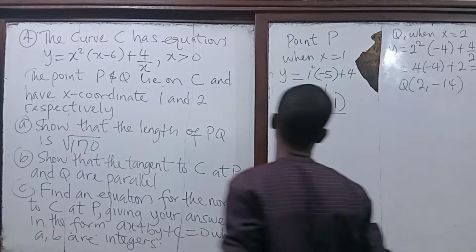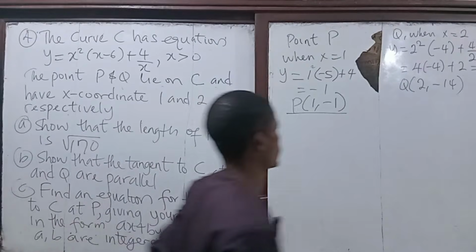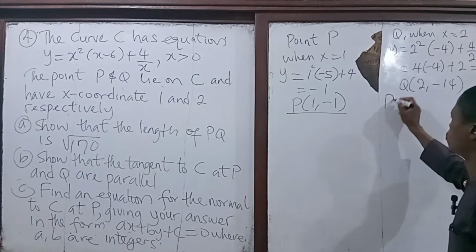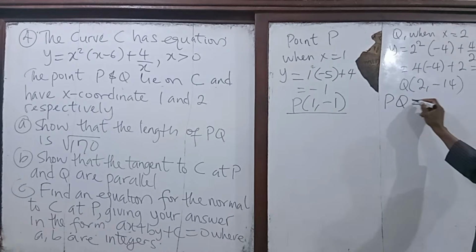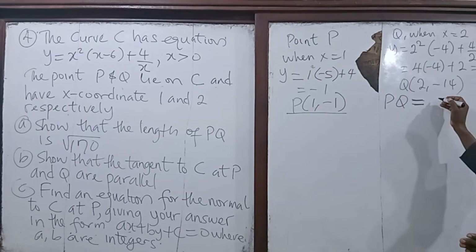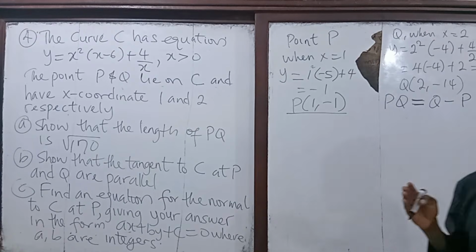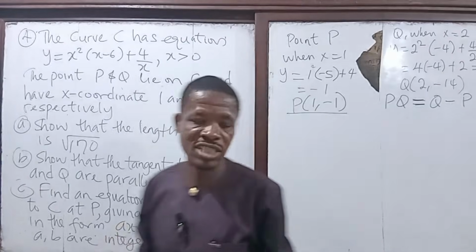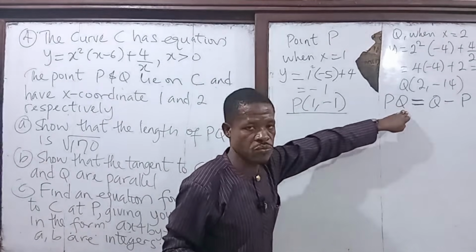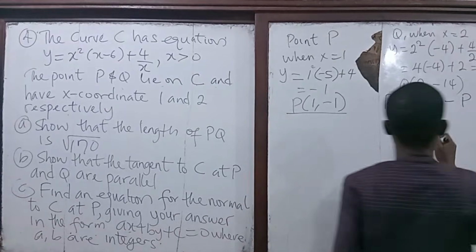Then we are looking for the length PQ. Length PQ means find the difference between P and Q. The meaning of this is point Q minus point P. That is the meaning of the length or the distance between PQ.